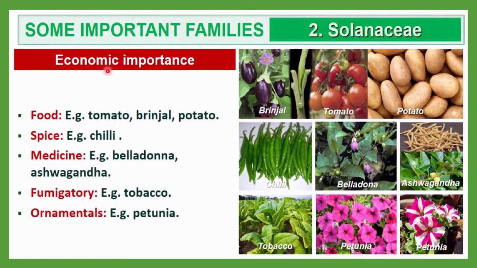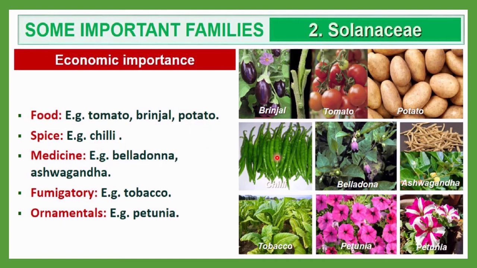Now let me discuss the economic importance of the Solanaceae family. Members of this family are used as food, for example tomato, brinjal and potato. You can see the photographs. These are all included in the Solanaceae family. Spices include chili.